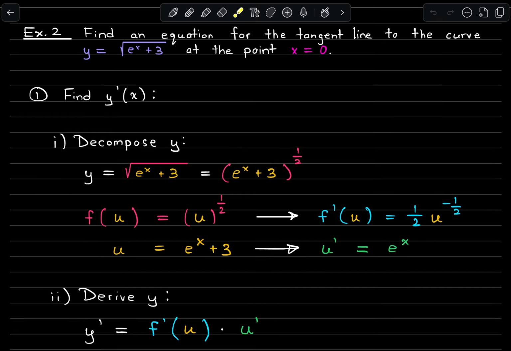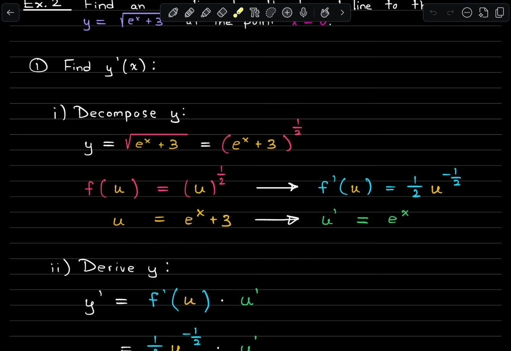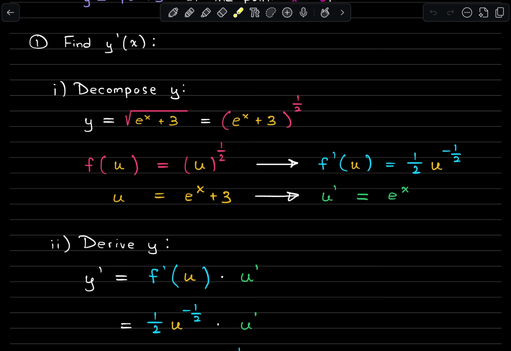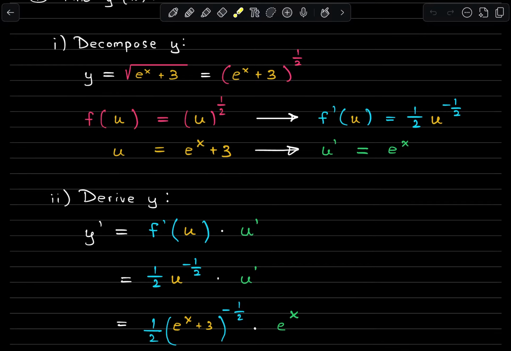And now let's put this together piece by piece. Okay, so y prime in general is going to be f prime of u times u prime, as our original definition was showing. So now let's put in everything in terms of u. F prime of u is 1/2 u to the negative 1/2. U prime stays as is. And now on our last line, let's put in everything back in terms of x.